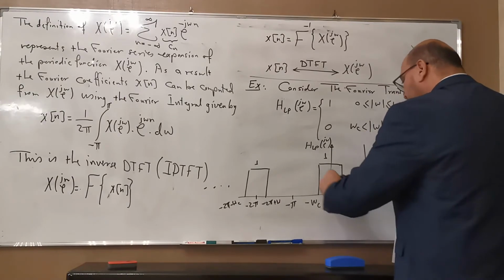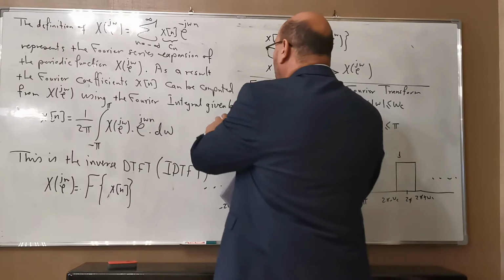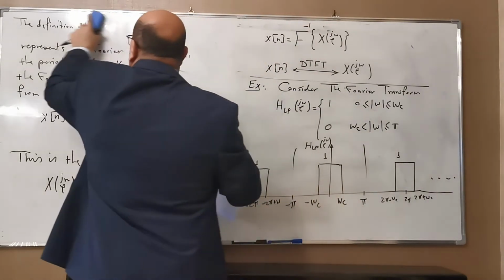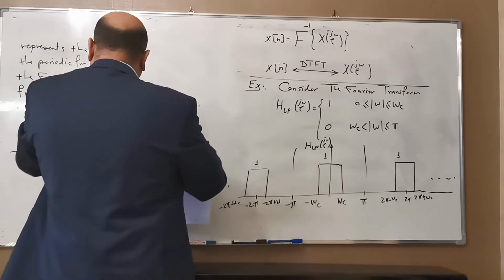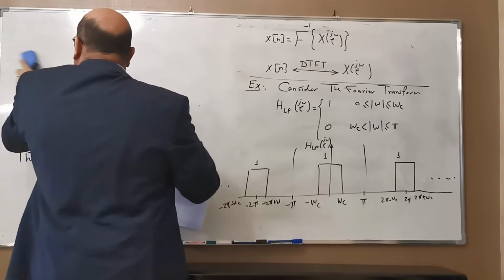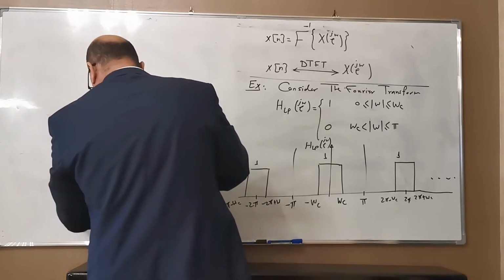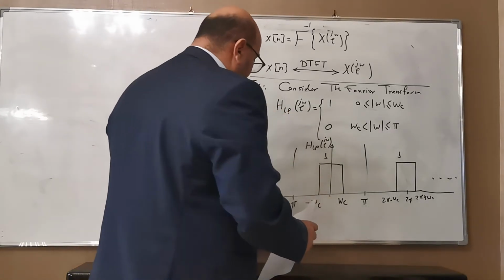But we are interested in this to find our goal, which is the H low pass of n. What is the discrete time sequence that gives us this type of impulse, or sorry, frequency domain signal like this?